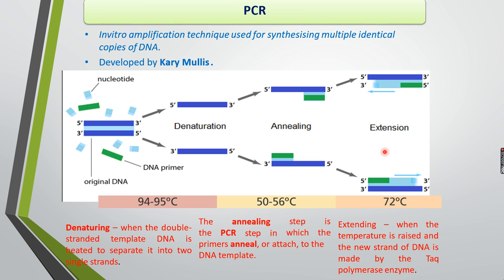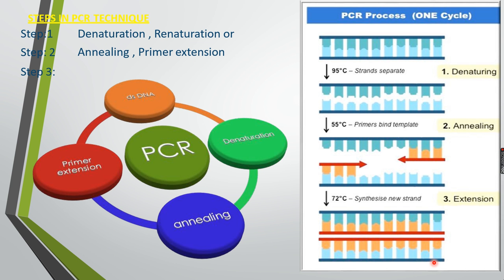Does it extend? Likewise, here you can see the DNA primer attached to the 3' end. In between, nucleotides form the connection, and this DNA primer can show its extension this way. Extension: a new strand of DNA is made. What is the enzyme needed? Taq DNA polymerase. Now I said the steps involved in PCR technique are denaturation, renaturation or annealing, and primer extension.